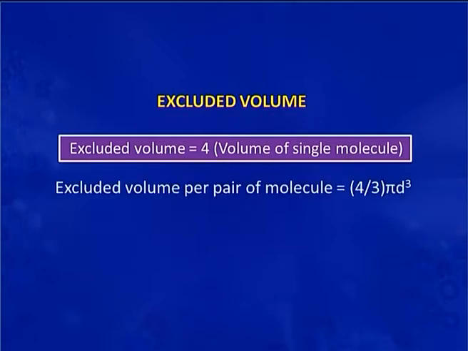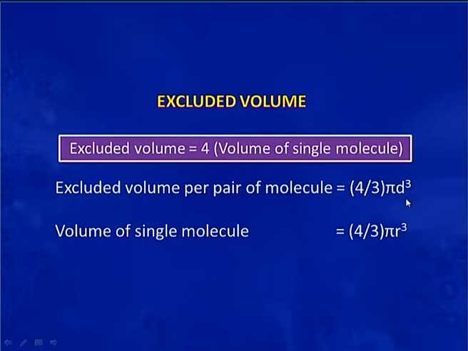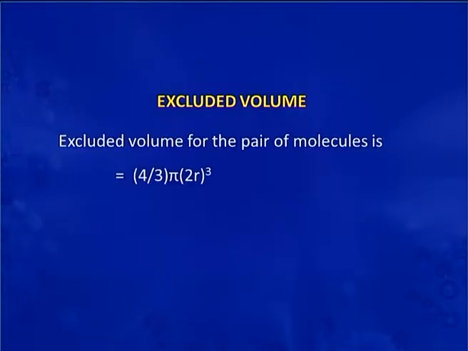Now, we have to derive it. The excluded volume per pair of molecules is 4/3 pi d cube. In place of d, we can write 2r. As we know, the volume of a single molecule is 4/3 pi r cube.